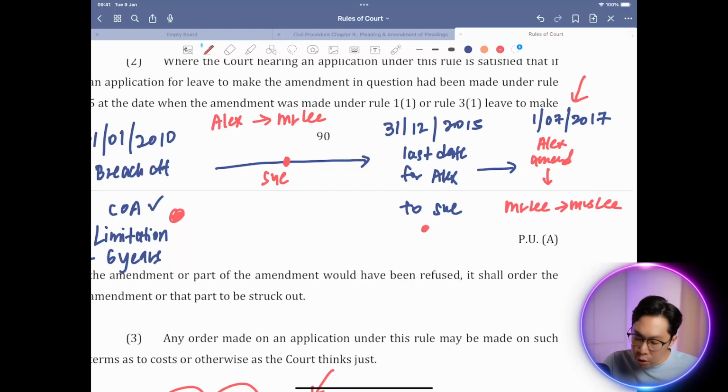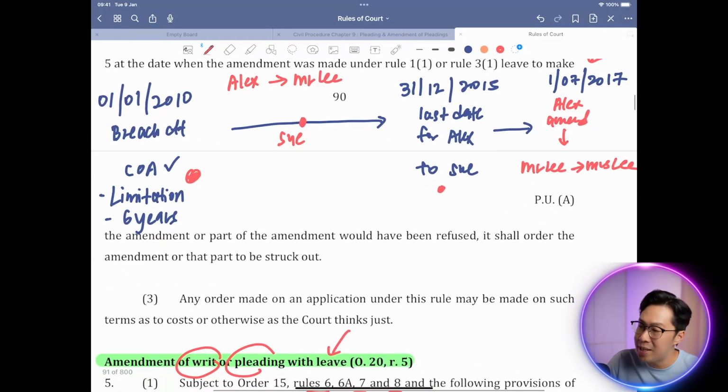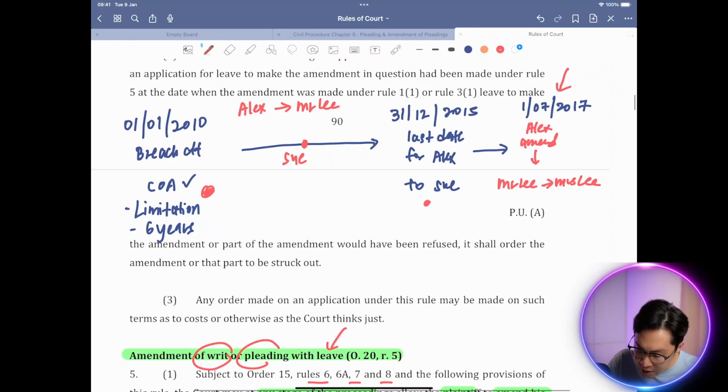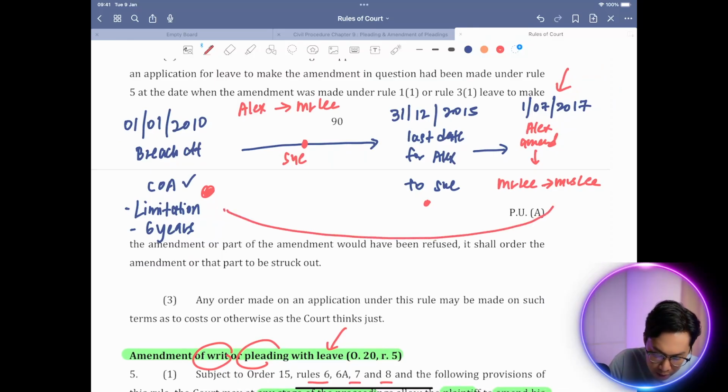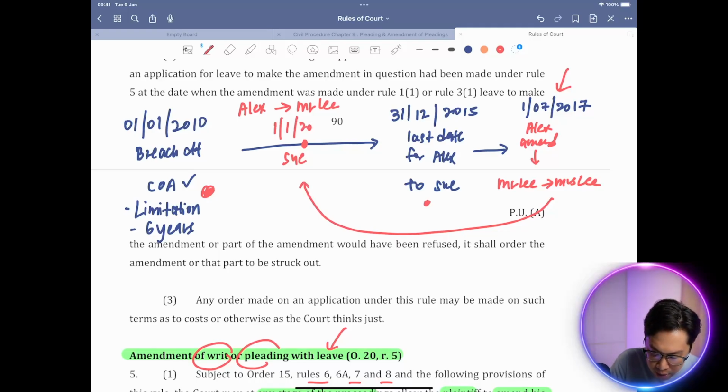When you change, it is treated as if the amendment is done on the date when you started to sue, let's say 1st of January 2011. That is why we call this the doctrine of relation back.